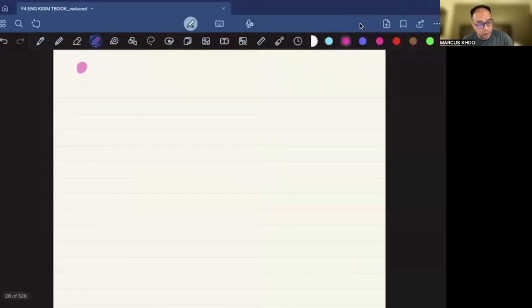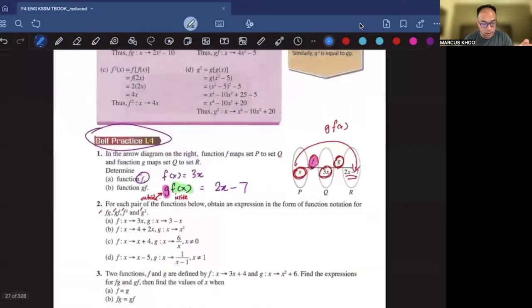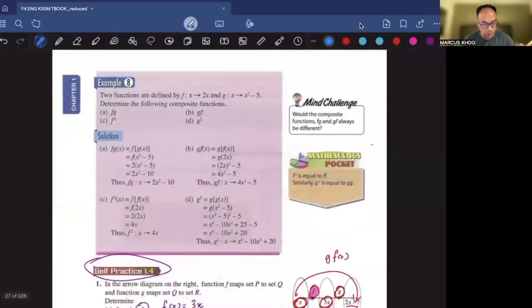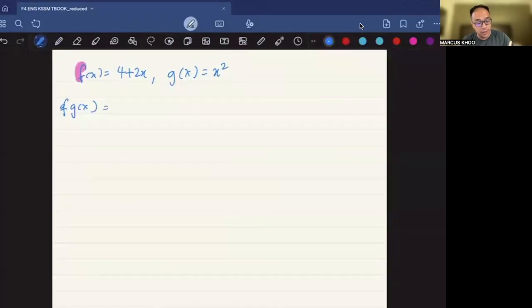So fx is 4 plus 2x, gx is x squared. I'm going to quickly go through this. The first one is fgx. I'm going to put f, and substitute in gx first, x squared.